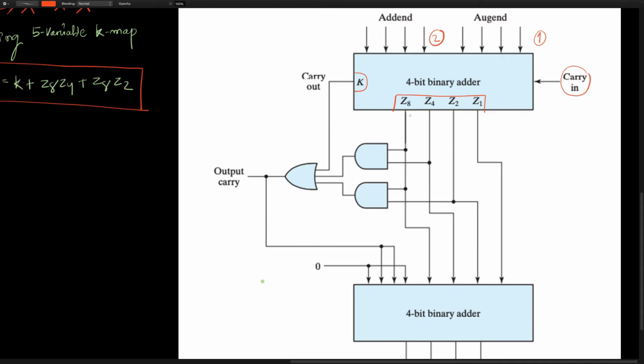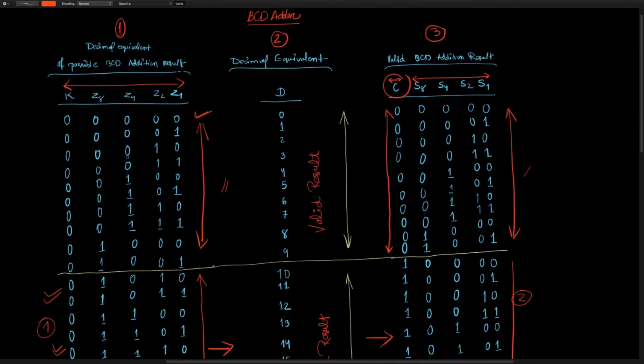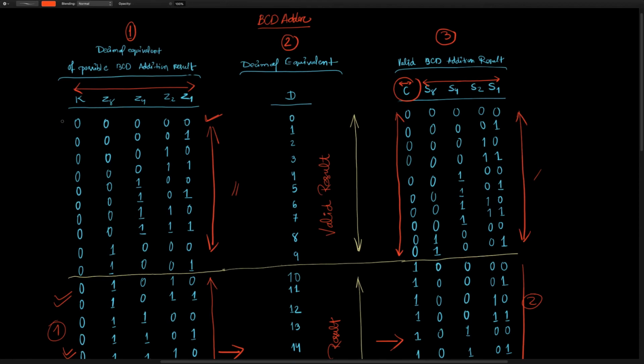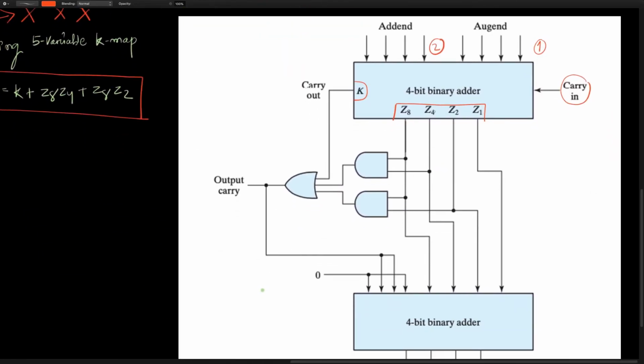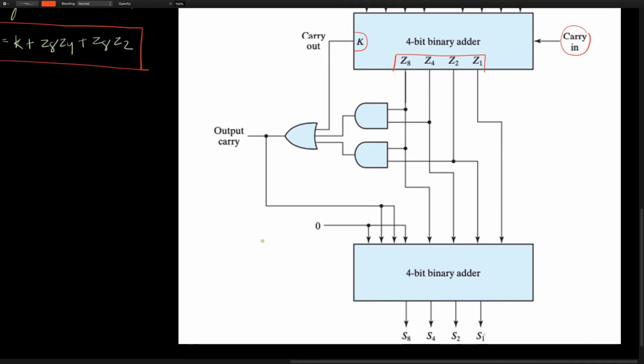Now suppose this value is valid, meaning it comes under the first group. Then Z1, Z2, Z4, Z8 represent the final valid BCD number S1, S2, S4 and S8.